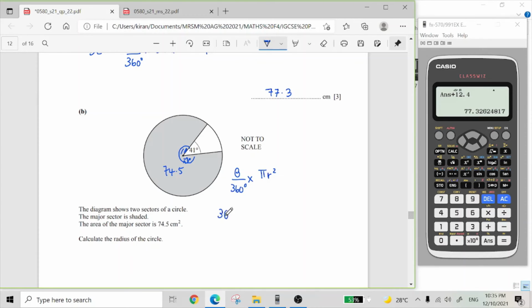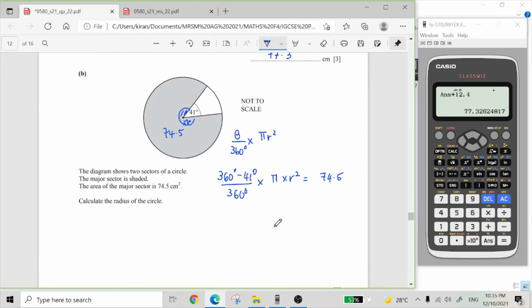So 360 minus 41 over 360 degree, times with pi r square, and then we equate with the area of the major sector, 74.5. For this part, we just calculate the angle first. So we have 360 minus 41, which is 319. 319 over 360, pi times r square, 74.5.